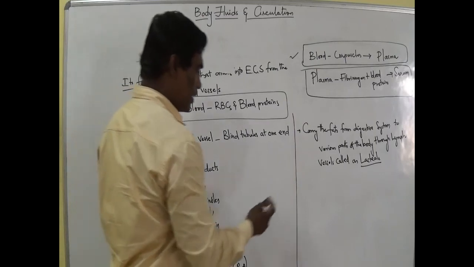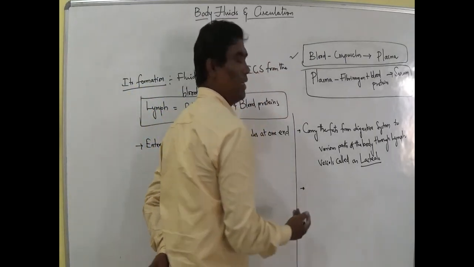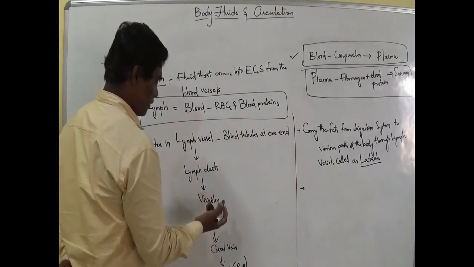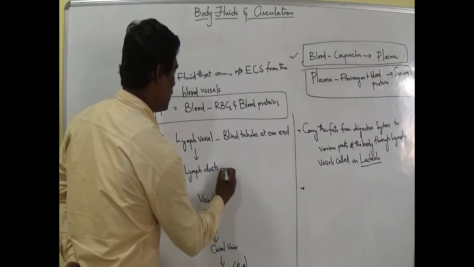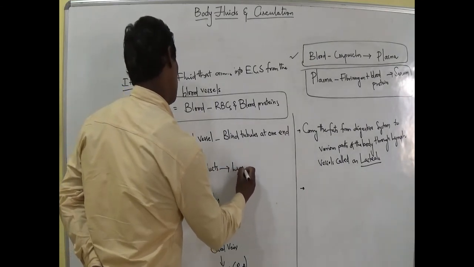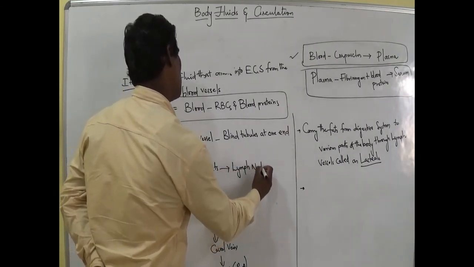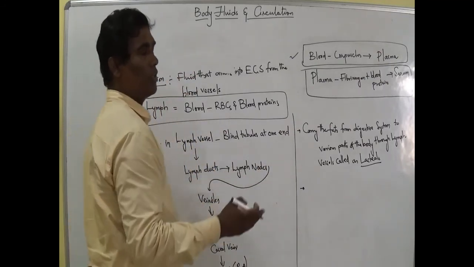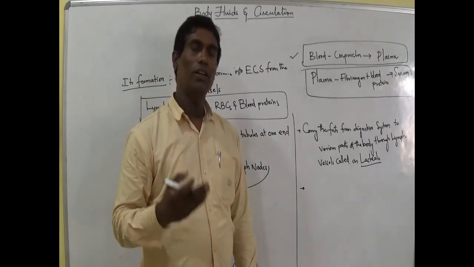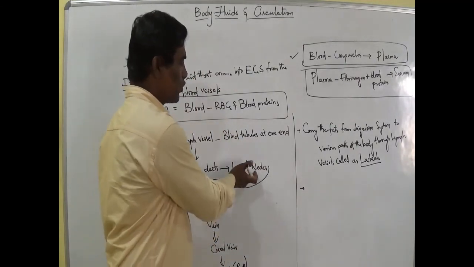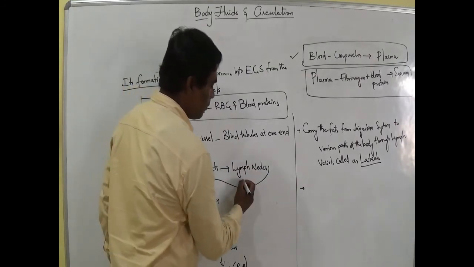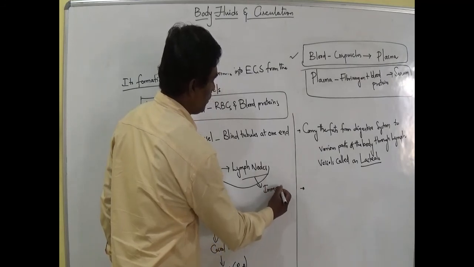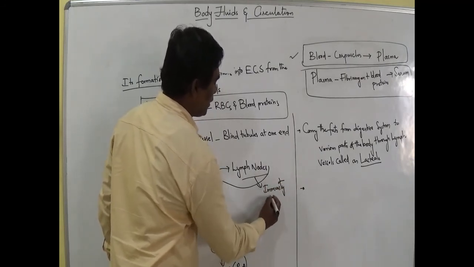One more thing, while this lymph is carrying, it passes through lymph nodes, and when it is passing through these lymph nodes, the foreign microbes, foreign antigens, or toxic substances are usually neutralized, because lymph nodes are immunity centers.